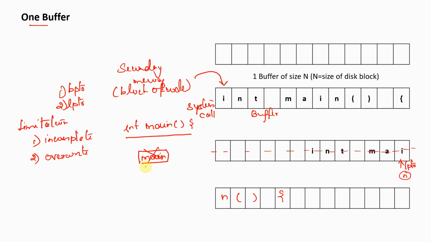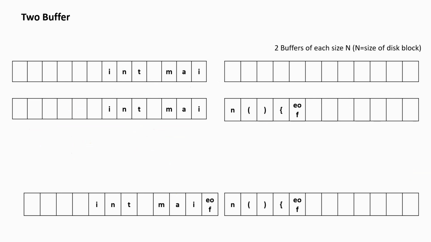To avoid this limitation, we have the two buffer concept. In the two buffer scheme, initially we have two empty buffers, and every buffer has a size equal to the disk block.